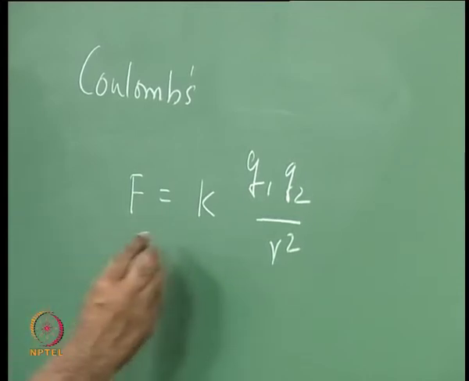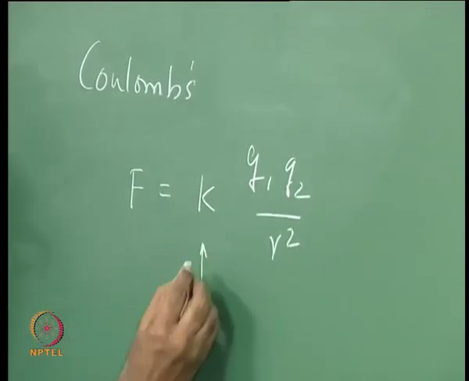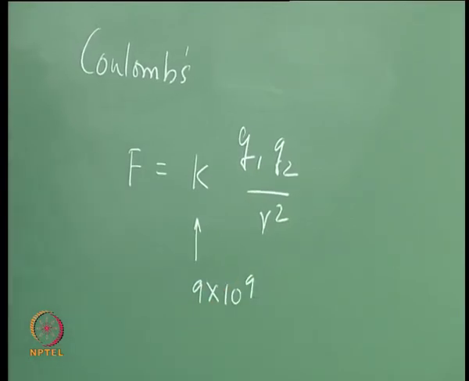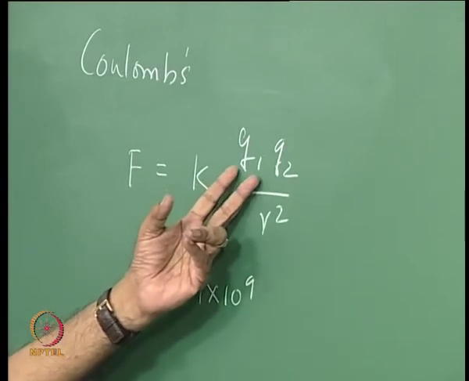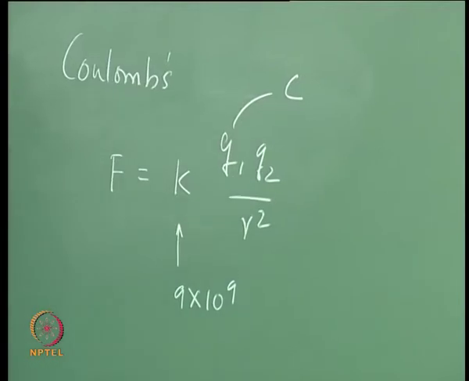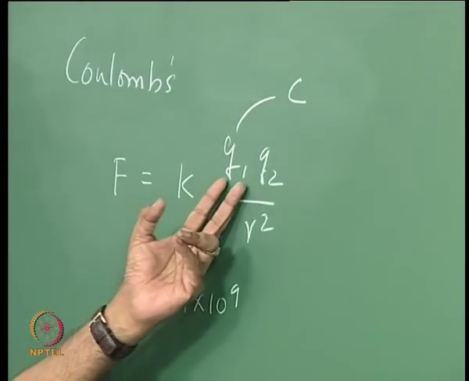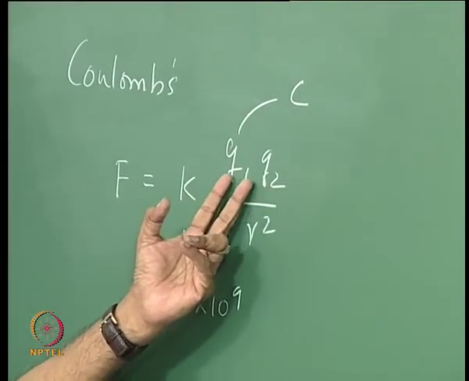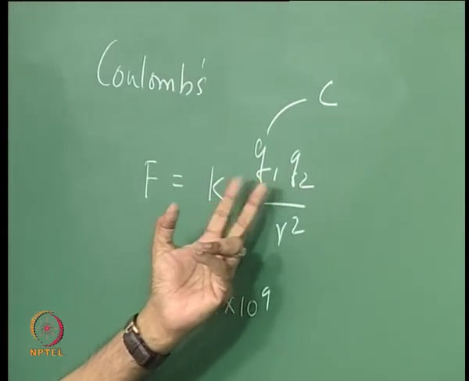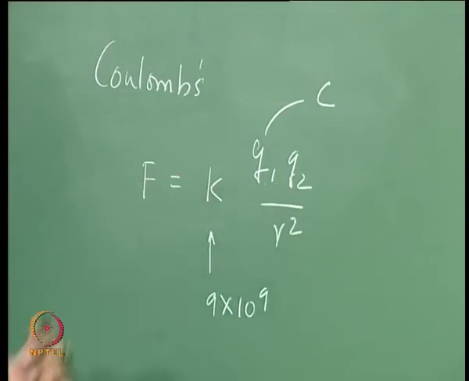If you do a series of experiments or if you derive it, the value of k works out to be 9 times 10 to the power 9, and now I should have some units for charge. The unit for charge is Coulomb, C. Two like charges q1 and q2 will repel each other, unlike charges attract each other, therefore we will not put any sign over here.